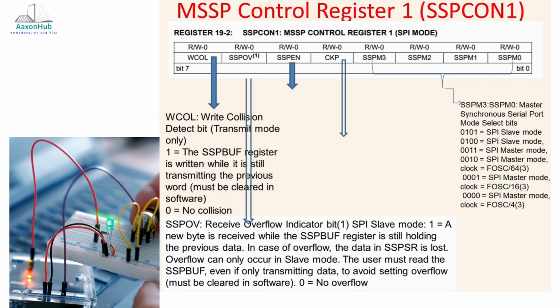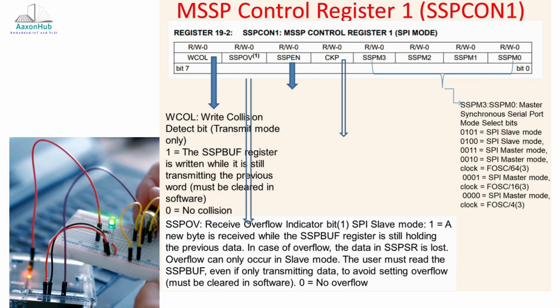Next is the SSPOV bit. This SSPOV bit is nothing but the overflow indicator. When this bit is 1, it means a new byte is received while the SSPBUF register is still holding the previous data.